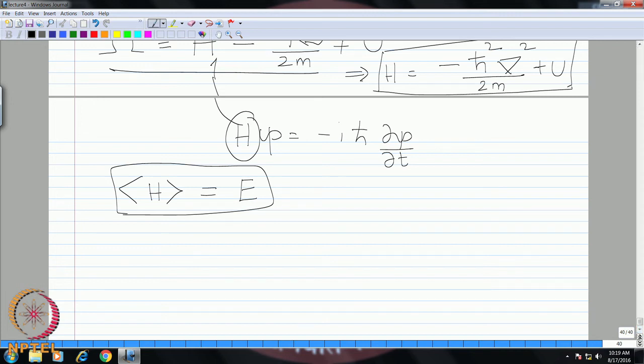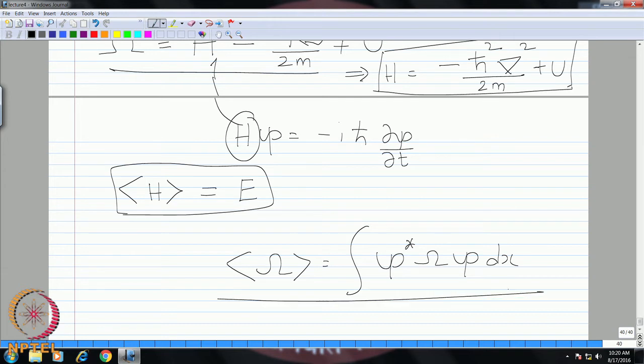And now, one more caution with respect to the use of this particular order, we have psi star omega psi dx to calculate the expected value of any quantity. We should be careful that we cannot simply switch between psi and psi star, okay, especially when you have these gradients and Laplacian operators.